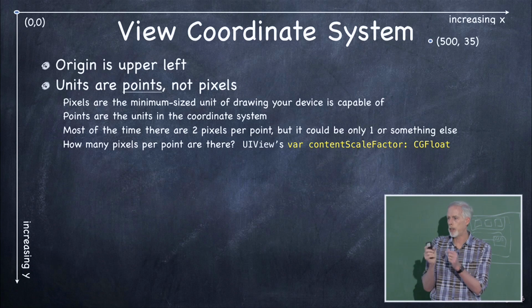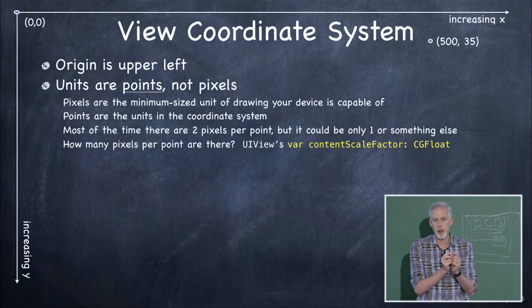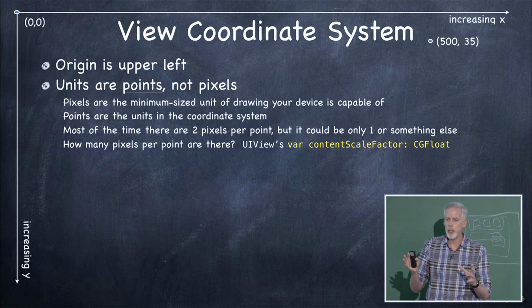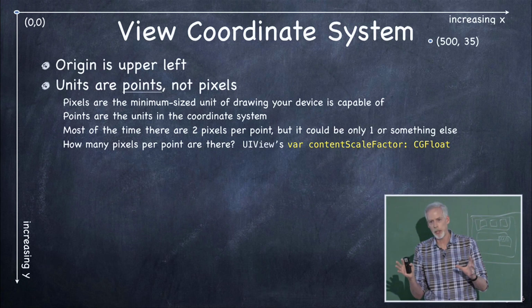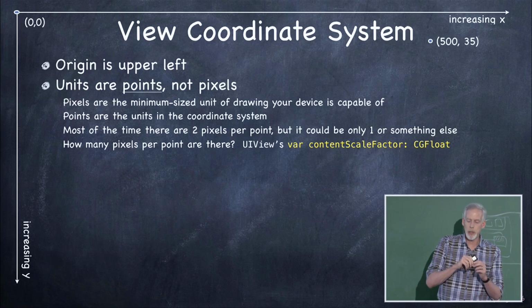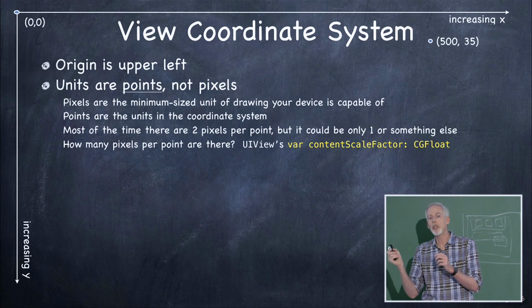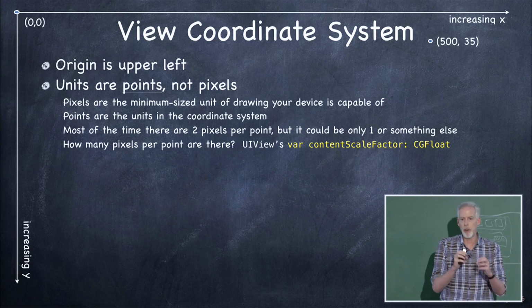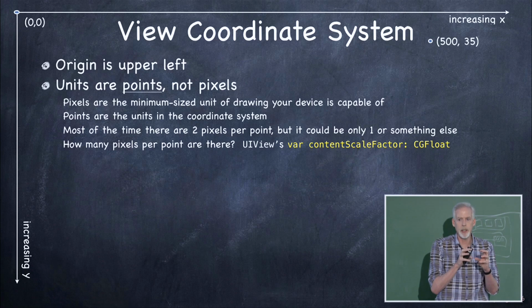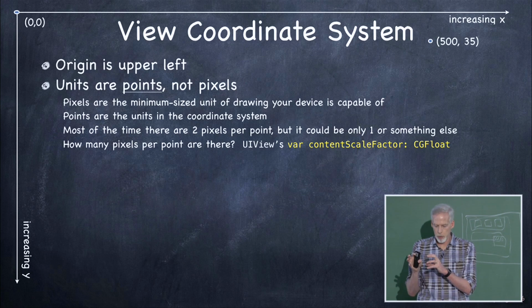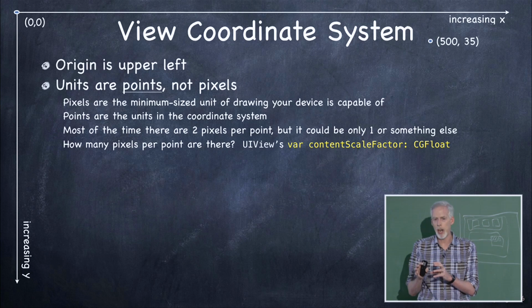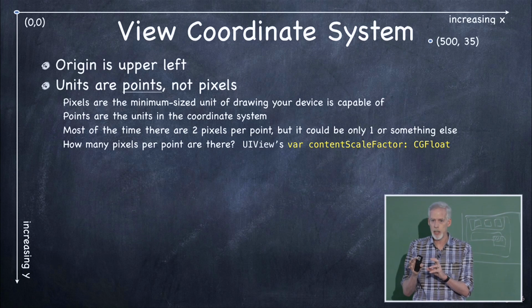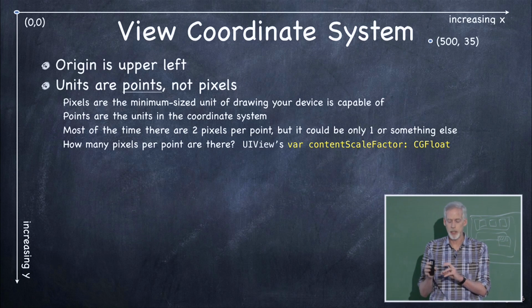Some of the other devices have 2 pixels per point, and some have 1. Now, you're always drawing in points. Usually you don't care too much about the pixels. If you have a lot of pixels, it just means the lines that you draw are going to look really smooth, or the images that you have are going to be really detailed. You're going to be able to use a lot of image data to draw them.